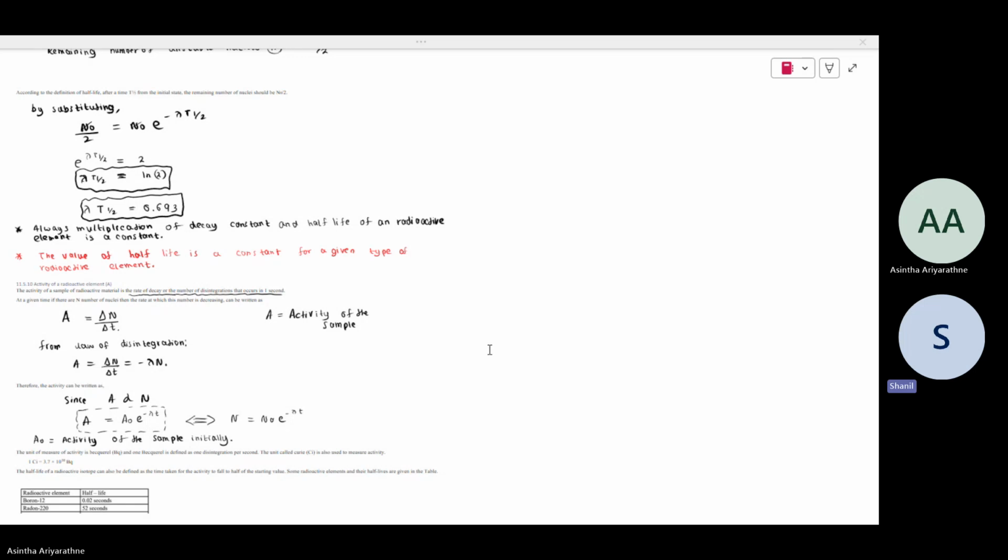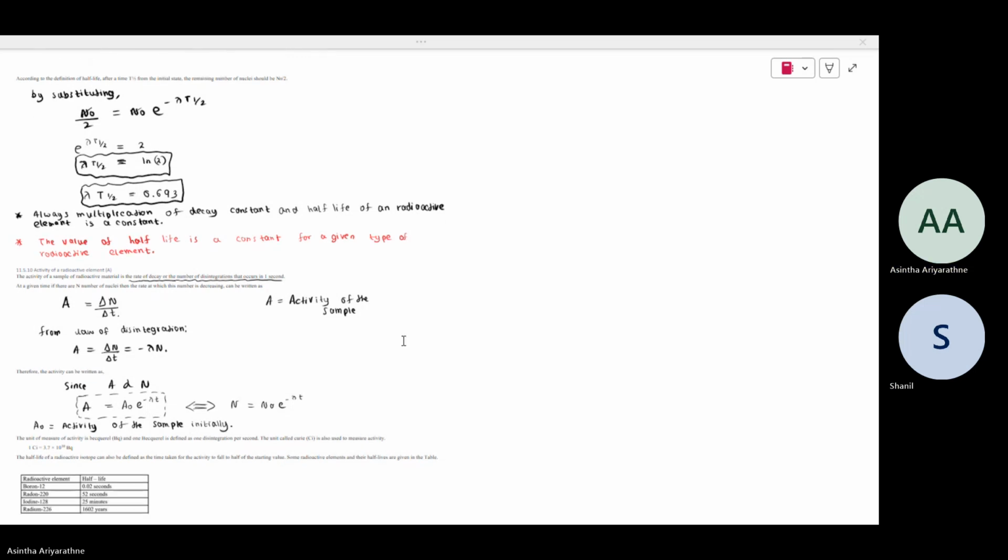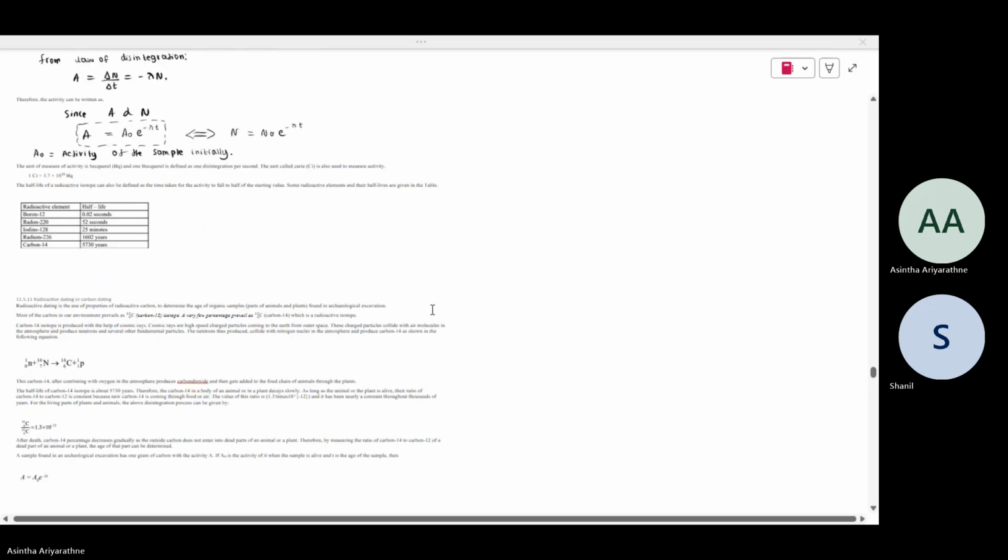Okay. So next, have you ever heard, maybe in the news, that archaeologists find very old bones of animals or maybe ancestors, and they say they were around 5,000 years ago, or maybe 10,000?